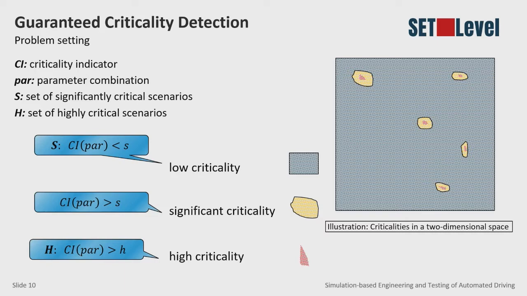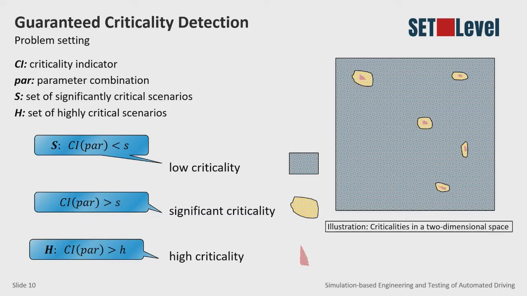And the ones you really want to factor out are the red ones, the high criticality things. And of course, our criticality indicator is supposed to identify these by the values it produces on the single simulation runs.